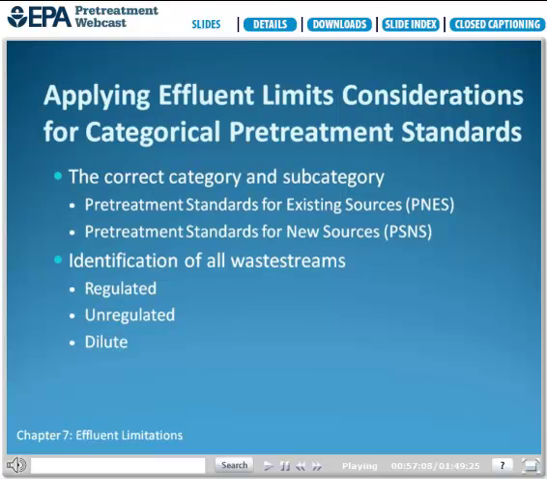EPA has created a memo which lists the new source dates, and that's a valuable resource to use. Without it, I wouldn't be able to figure out some of the dates, since some of the subcategories are different even between one particular category.